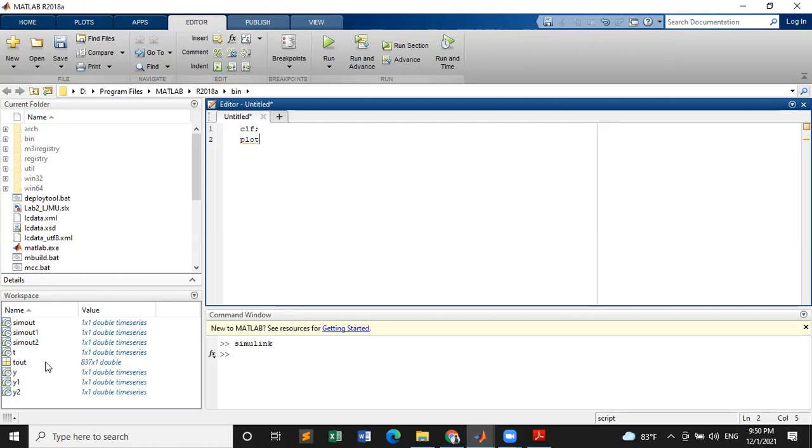Now you see T is 1 by 1, right? Same format matrices, arrays or matrices or whatever. So it's T and y, y1 and y2, right? We'll plot T, y, and we'll give the color.